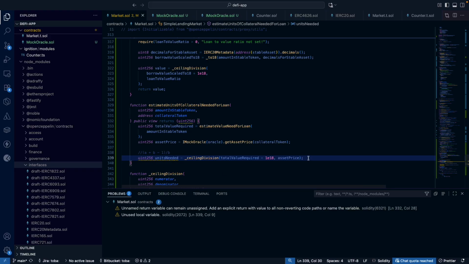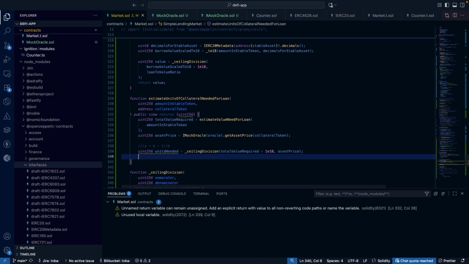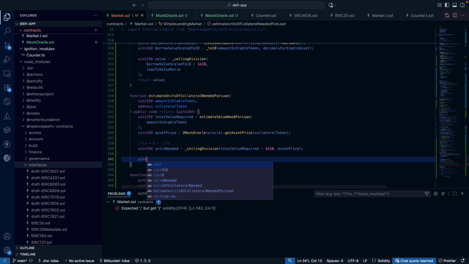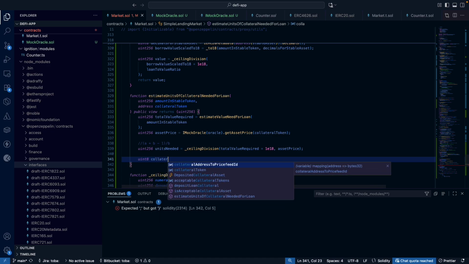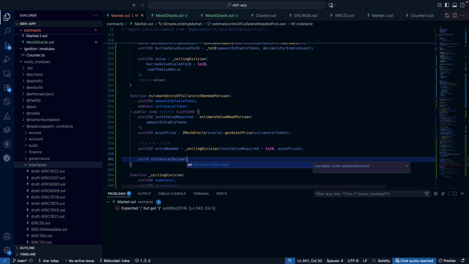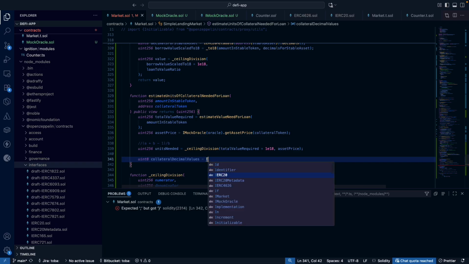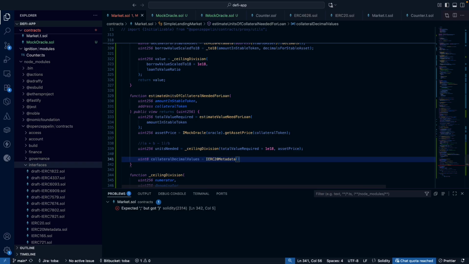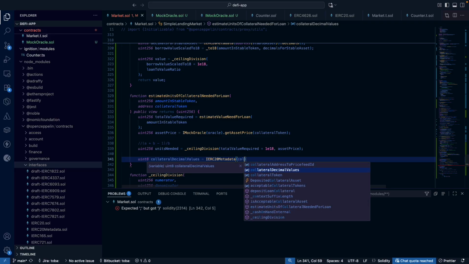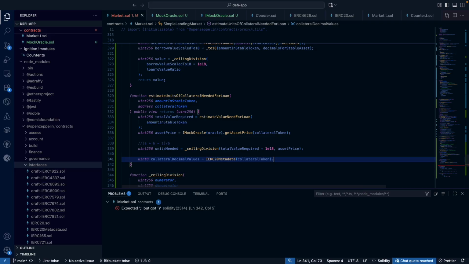Let us scale those units down depending on the number of decimals for the collateral. So uint8 collateral decimal value is equal to IERC20 metadata collateral token dot decimals.